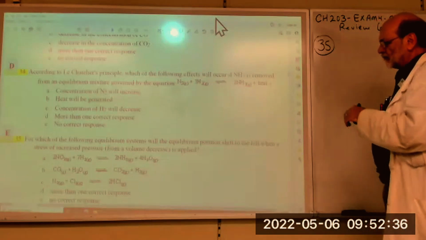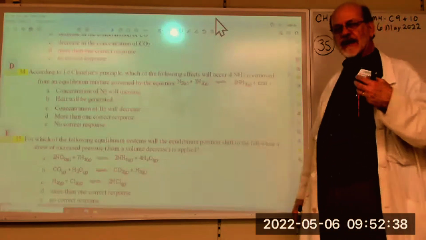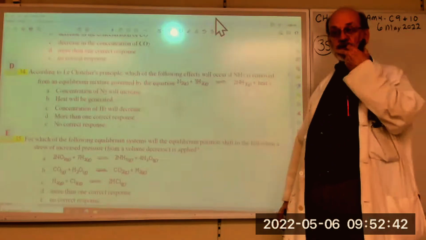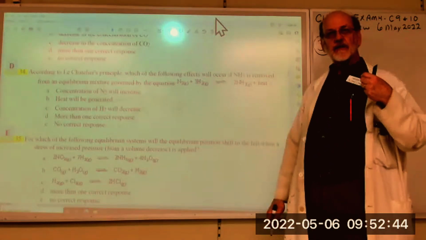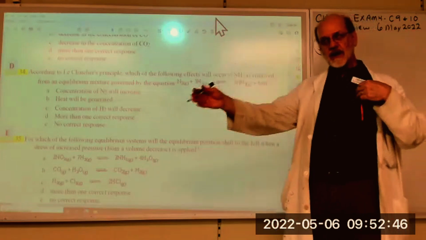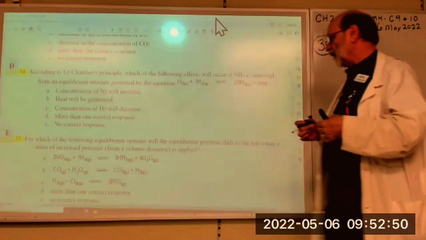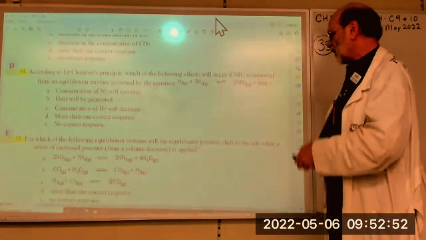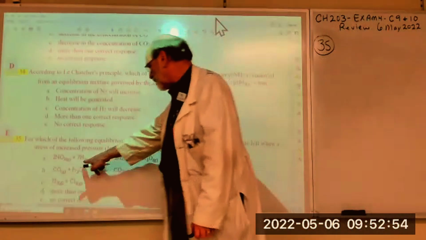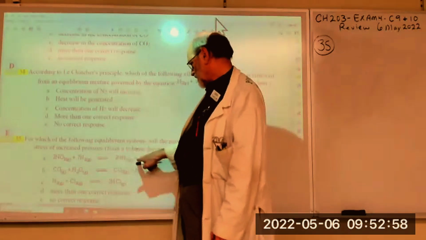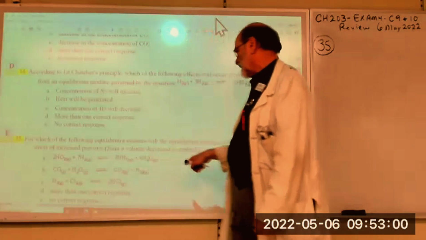Okay, so for pressure to make a difference, you have to have gases involved. Plus, you have to have a different number of moles of gas on one side than the other. So let's see, how many moles do we have on this side? We got 9 moles of gas on that side and 6 moles of gas on this side.